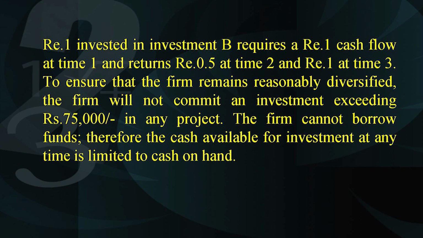Now, to ensure that the firm remains reasonably diversified, the firm will not commit an investment exceeding rupees 75,000 in any project. The firm cannot borrow funds, therefore, the cash available for investment at any time is limited to cash on hand.